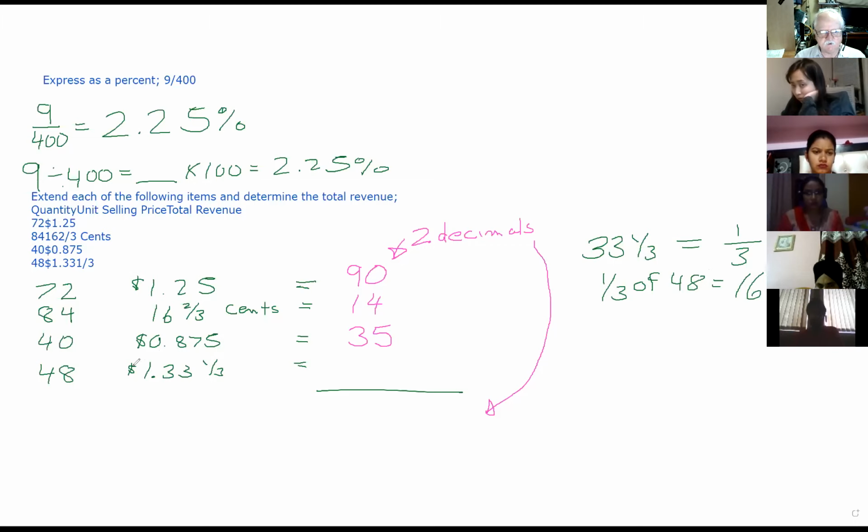And the 1 is 100% of 48. And if we add these two together, we'd get 64. But that would be a really painful way of doing it.